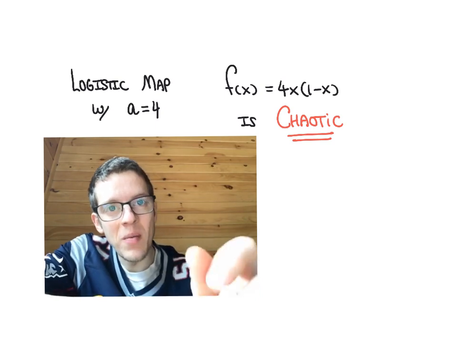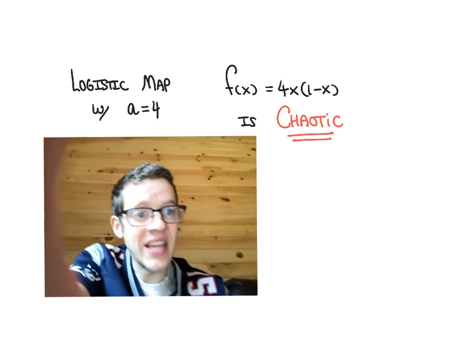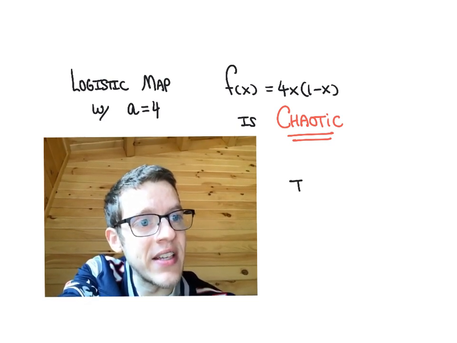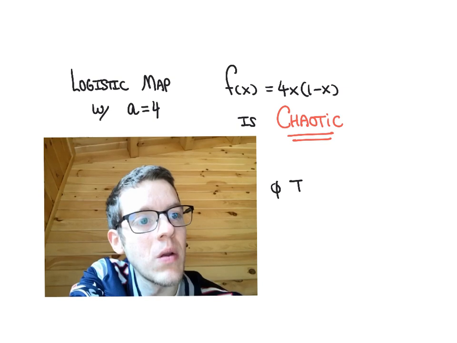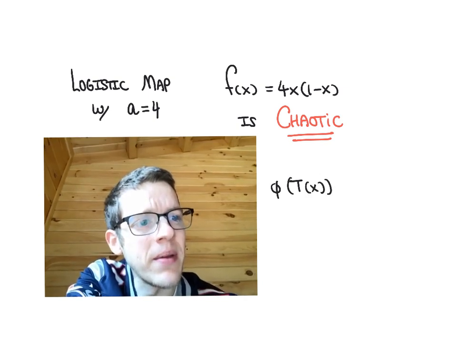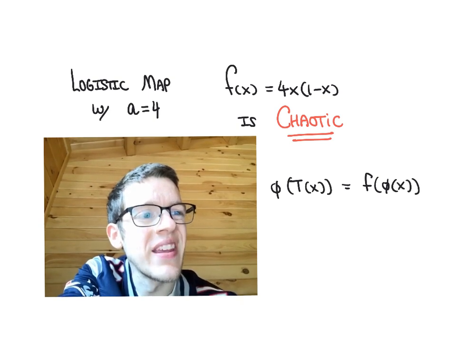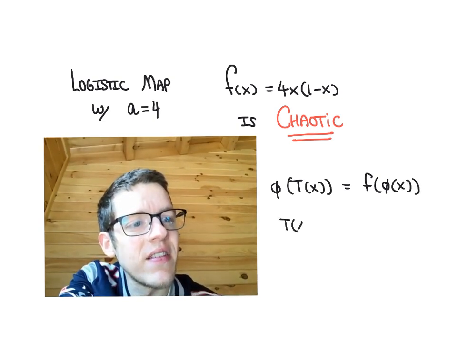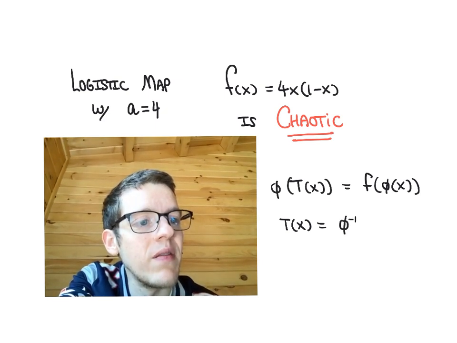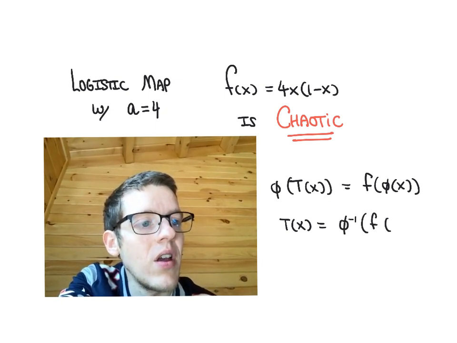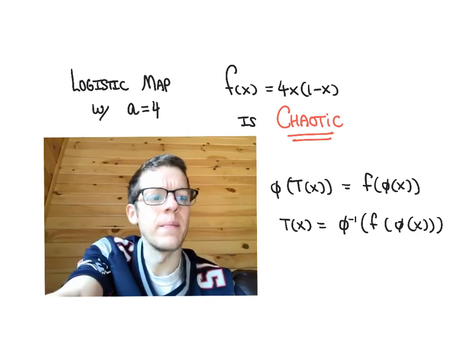And I want to point out one more cool thing before we finish with another example. We showed in the last slide that phi of the tent map is equal to f of phi of x. This means that t of x is actually equal to phi inverse of f of phi of x, like that.